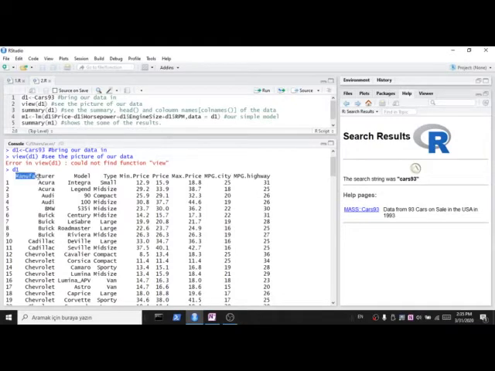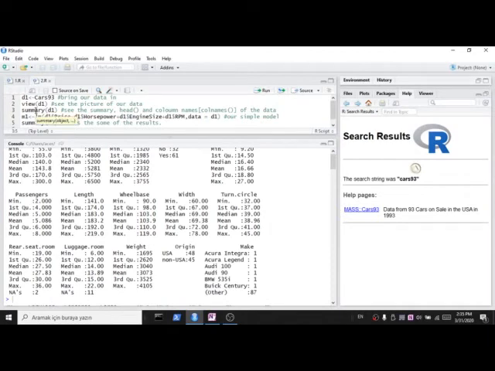There is a manufacturer column, model, type, minimum price, price, and so many more. And let's see the summary. So we get some summary statistics with the function summary and the data which we have tied to D1.